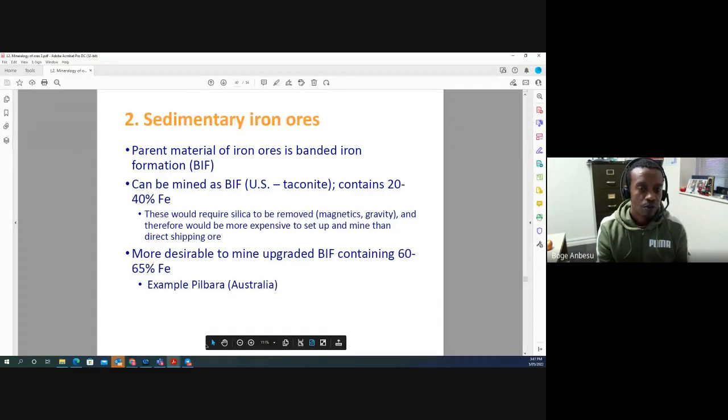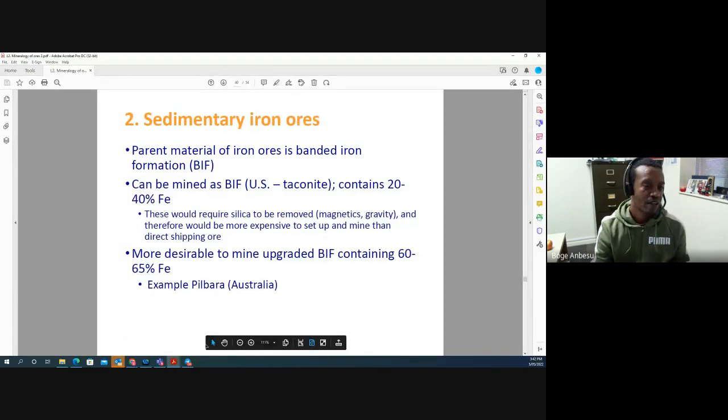In Australia, we have banded iron formations, but this iron deposit has undergone a number of years of metamorphosis, and therefore it has transformed from magnetite to hematite. In that process, it gives rise to very high percentages of iron in deposits, for example, 60 to 65% iron.